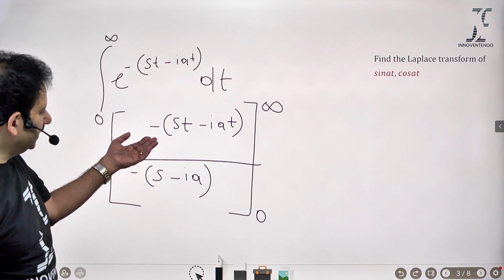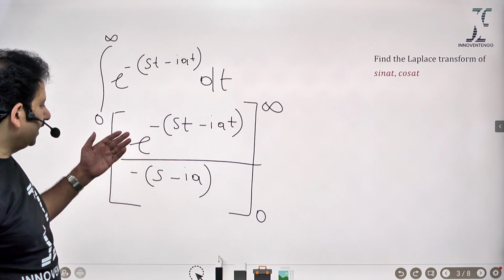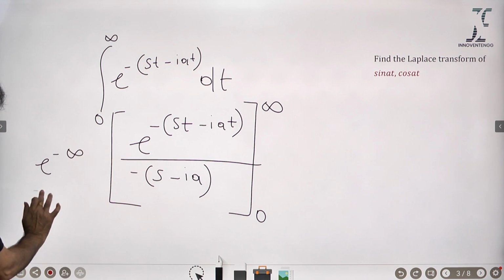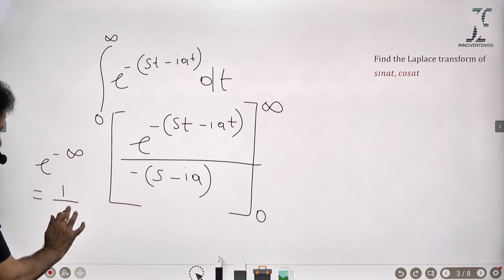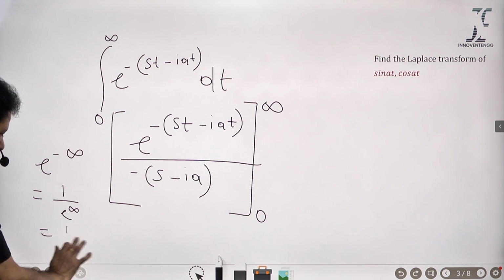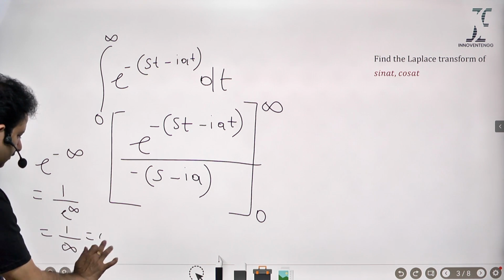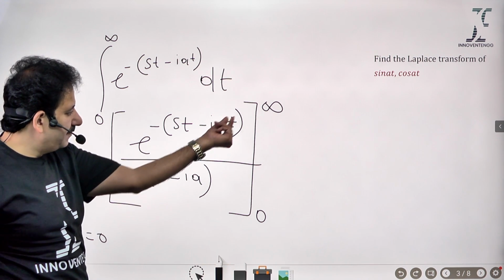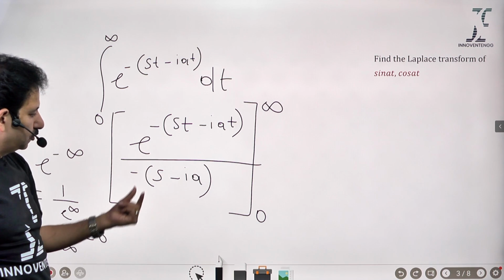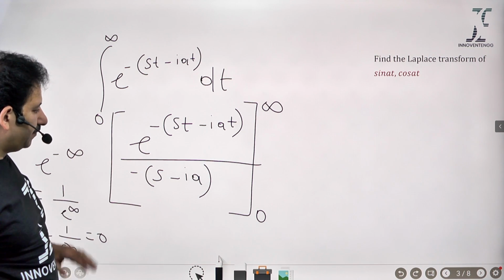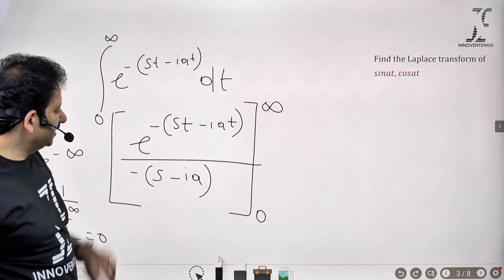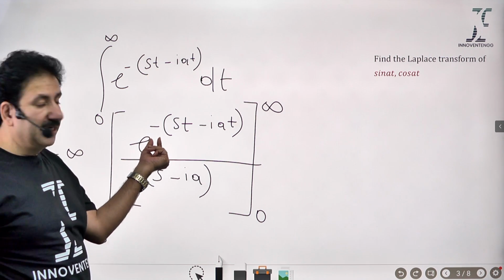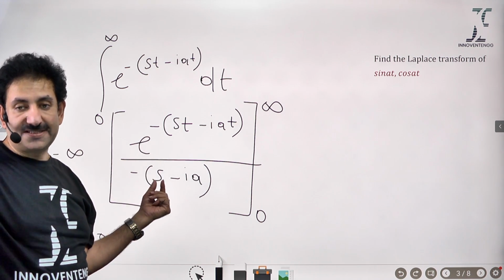Now it is very clear that the upper limit goes to 0. That is because e power minus infinity becomes 1 by e power infinity, and that becomes 1 by infinity, and that goes to 0. So this is very, very clear. When I replace t by infinity, this entire term goes to 0. So I'm not worried about the upper limit. Lower limit, when I put t equal to 0, this becomes 1, because e power 0, or any term to the power 0, is 1.